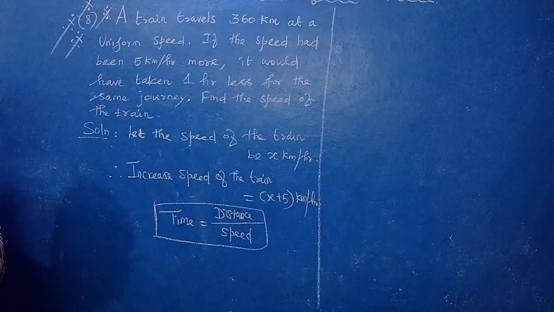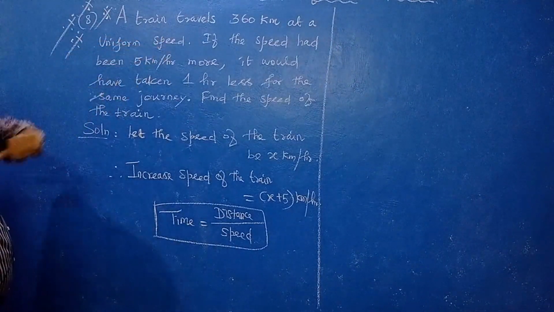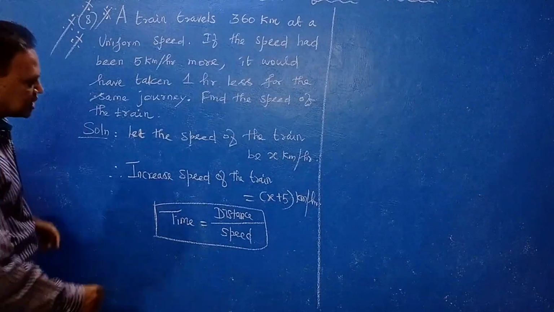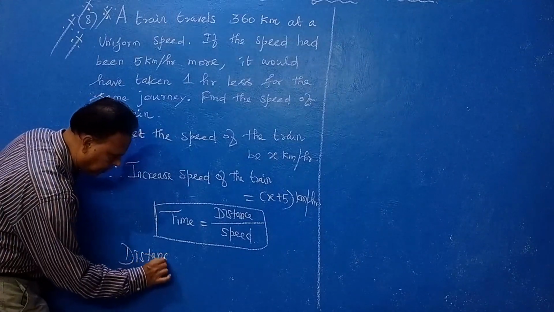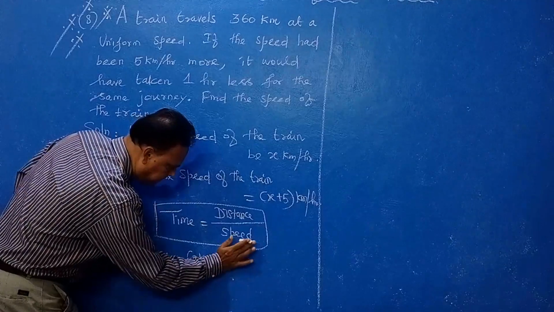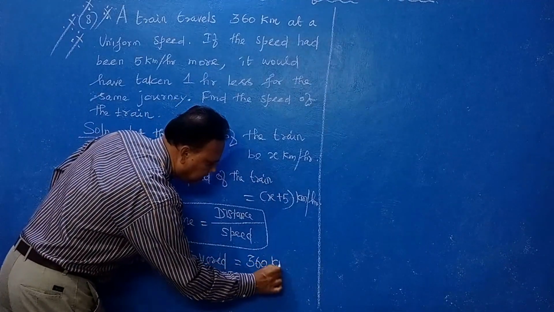Now what is the distance? A train travels 360 km at a uniform speed. That means the distance covered by the train is equal to 360 km.